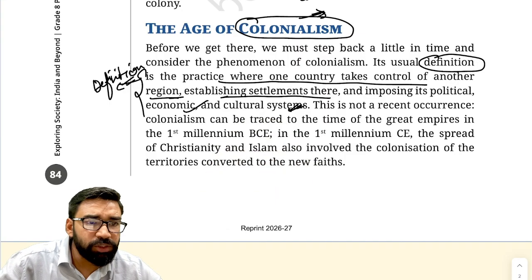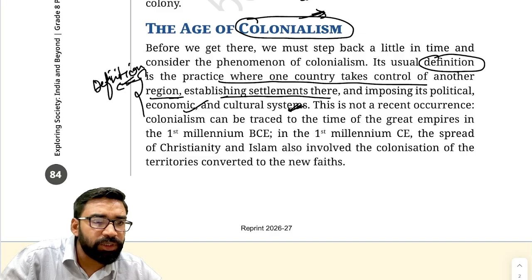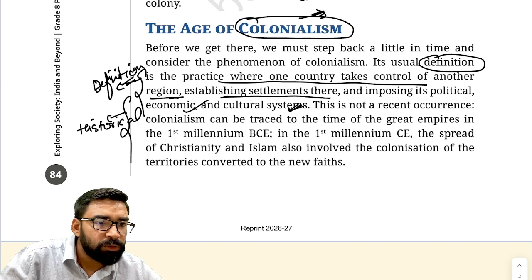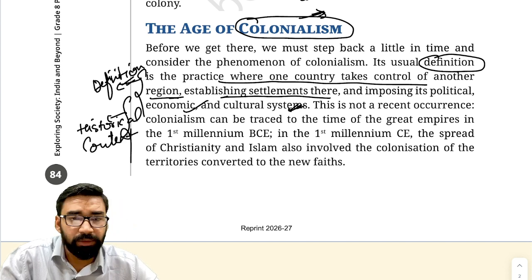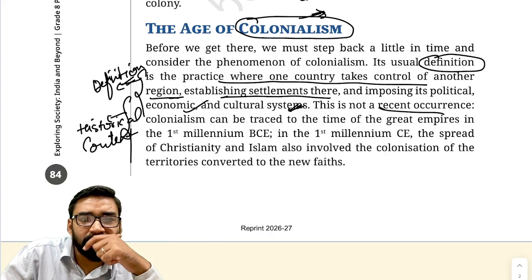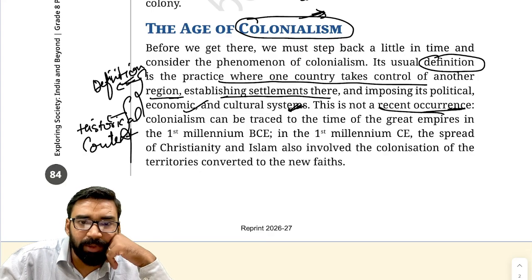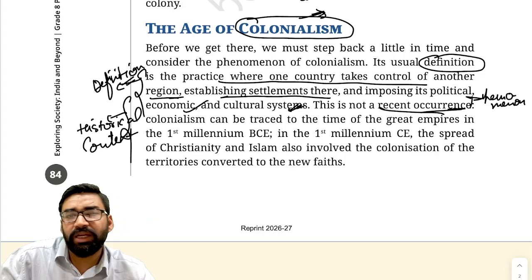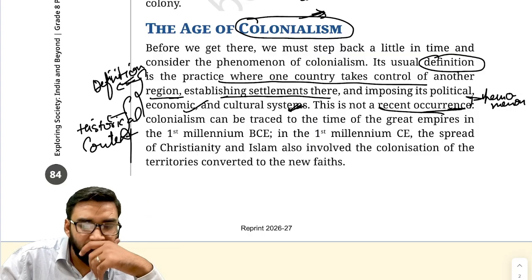Now, what is the historical context of colonialism? Colonialism is not a recent occurrence. It is not a recent phenomenon. Remember this thing. It can be traced to different periods of time.